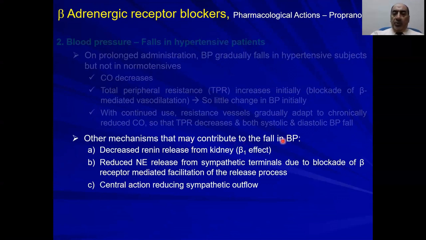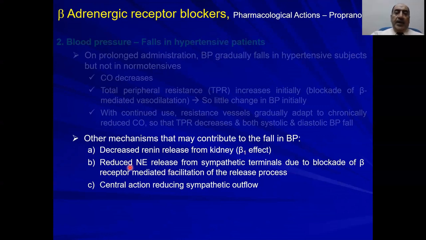Other mechanisms that contribute to falling blood pressure, we talked about: decreased renin release from the kidney. Because these drugs are beta blockers, if they inhibit beta 1, they will inhibit the production of renin by the juxtaglomerular cells in the kidney, okay, and inhibition of RAS, so inhibition of sodium and water retention.